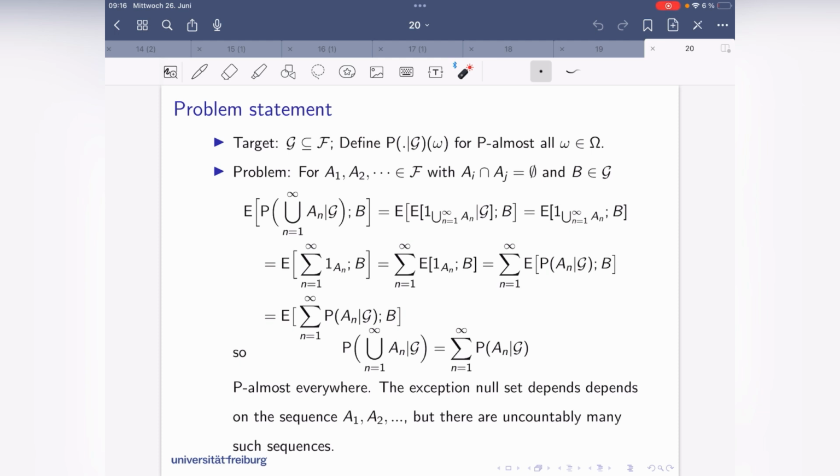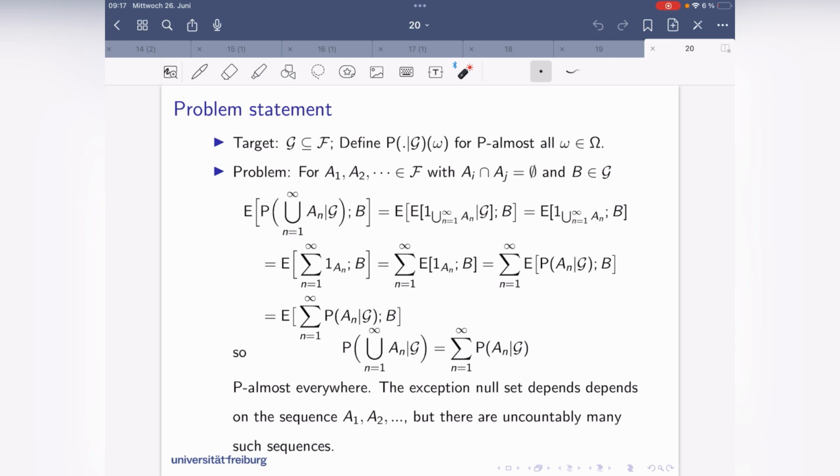However, the exception null set might depend on the sequence of the A_j's. And that's not nice because there are usually uncountably many choices of such infinite sequences of A_j's. And that means you do not have this here where the first variable is a free variable, because there are too many of these null sets. Only a countable union of null sets is a null set, we know this.